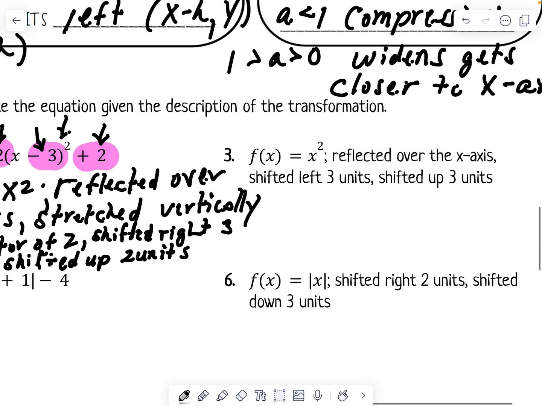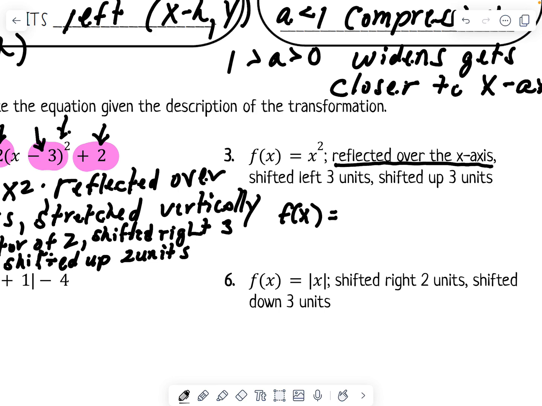So I'm going to leave this last one for now. For here, number 3. Now they're giving me all the changes. And I have to be able to take this parent function and add the changes to it. Okay. First it says reflected over the x-axis. Okay. Well, I know that's a change to A, but it's not talking about a compression or a stretch.